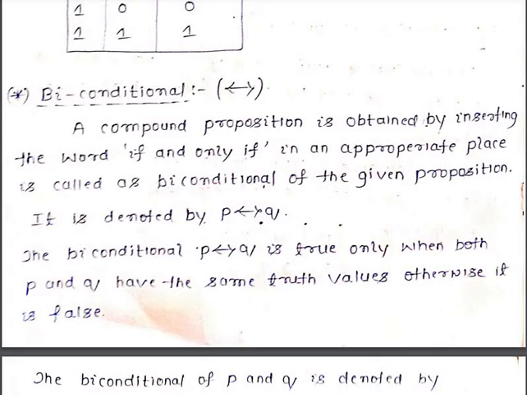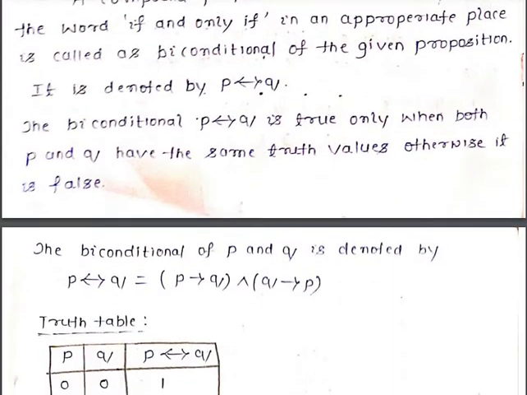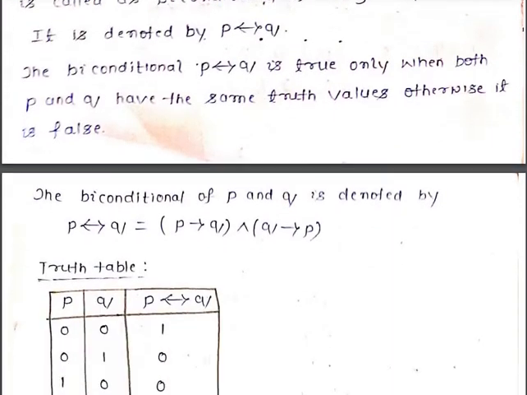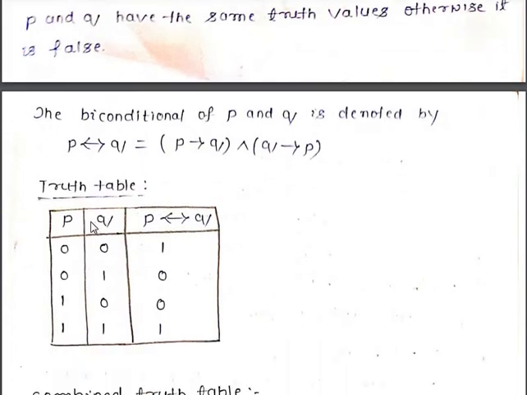So now let us see the truth table and get to the conclusion. If P is the same as Q, then only the answer is 1. 0, 0 will give you 1. 0, 1, it is not matching, so it is 0. 1, 0, it is not the same, so it will give you 0. P is 1, Q is 1, the answer is 1 because both are the same.